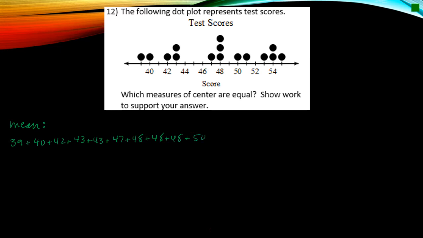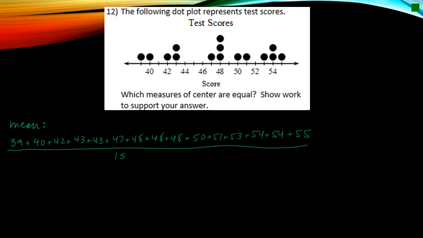And it jumps to 50, 51, 53, 54 twice, and 55. And we're going to add up all these numbers. There are 15 of them, so we're going to divide by 15. When we divide all this out, you're going to get 47.6 repeating.